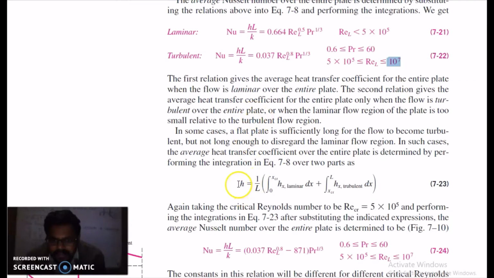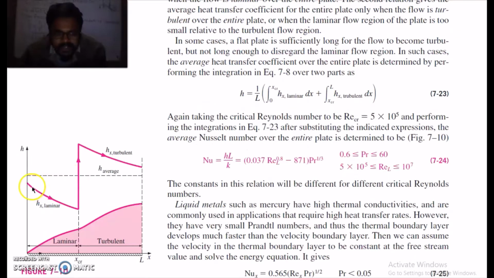So in that case, your average heat transfer coefficient is the integration of laminar and turbulent local heat transfer coefficients, laminar from 0 to the critical length, and turbulent flow from the critical length to the full plate length. So this is your heat transfer coefficient for laminar, this is your heat transfer coefficient for turbulent, and this here is the average heat transfer coefficient over the entire plate, which we have calculated from this relation.